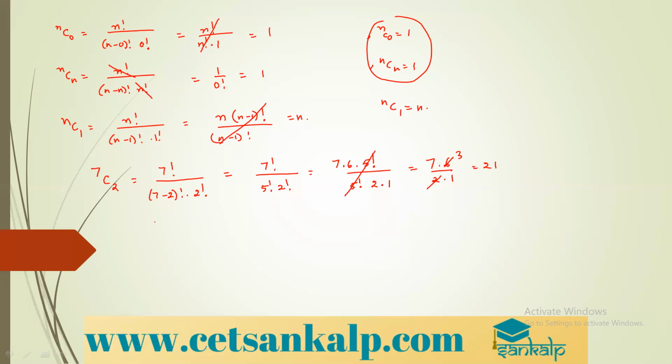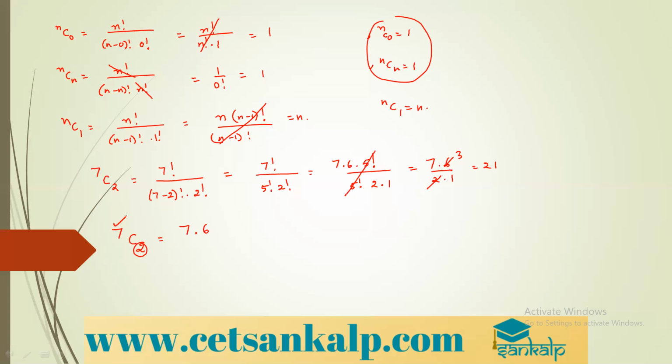But instead of doing this long method, there is a shortcut method for nCr also, for 7C2.